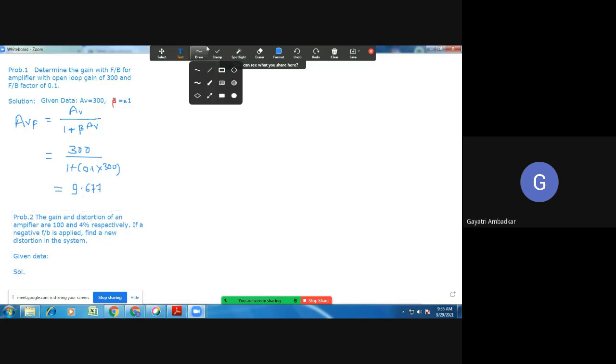So what is the given data? A is given to you. And the distortion, the gain and the distortion.